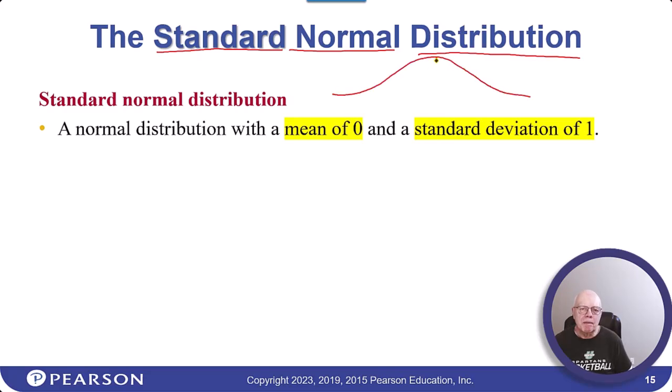This one has a mean of 0. That means the x values hit 0 right there. And the standard deviation is 1 unit away in both directions. So the standard deviation goes out to +1 and to -1.